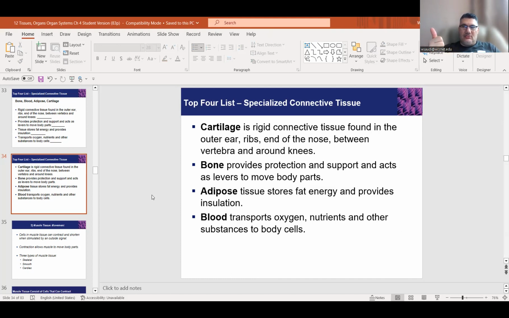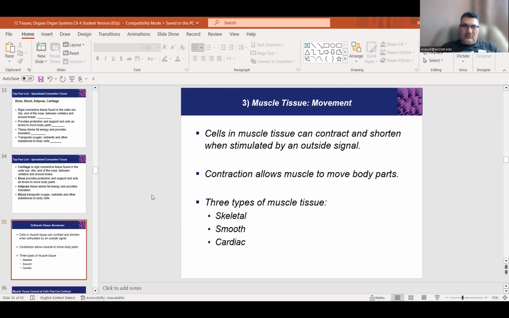Insulation, cushion, storing energy. Blood: transport. Transport of what? Anything that needs to be transported. Put it in the blood and it will transport it to another spot. So oxygen, carbon dioxide, nutrients, waste products, enzymes, anything that needs to be transported.